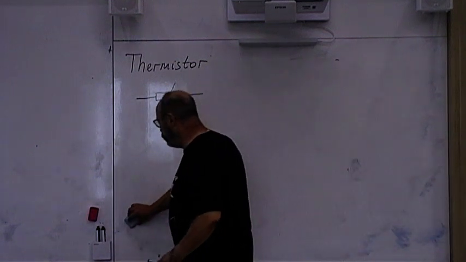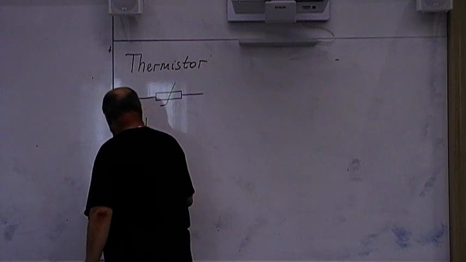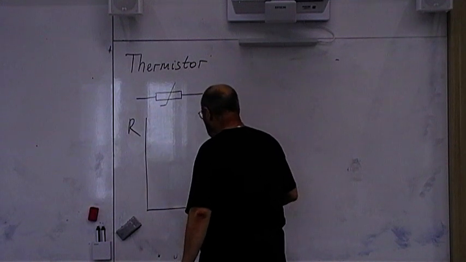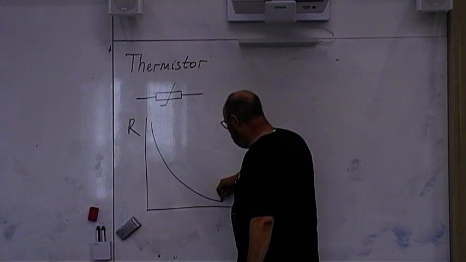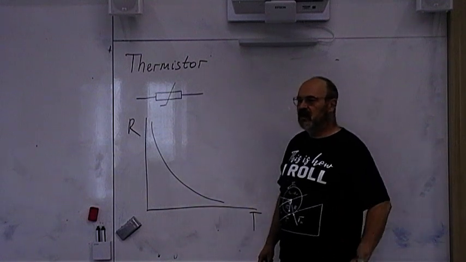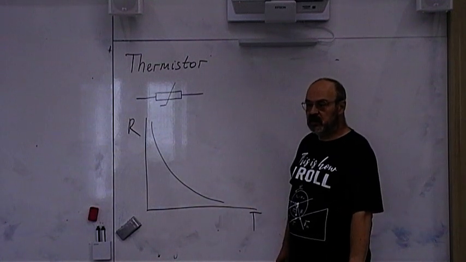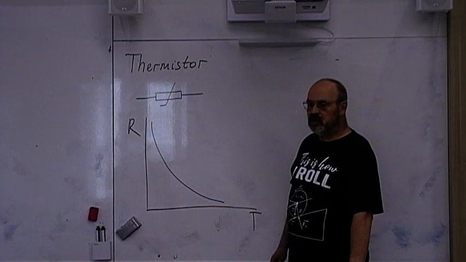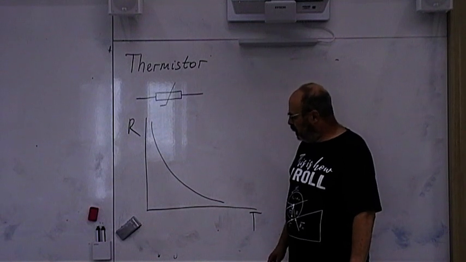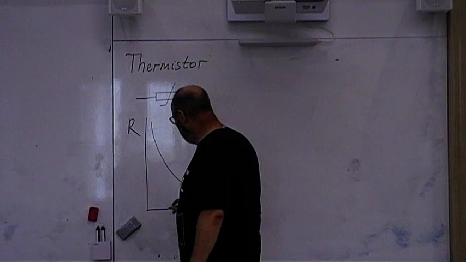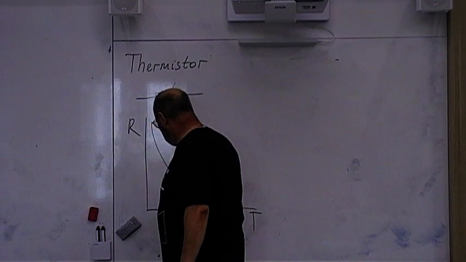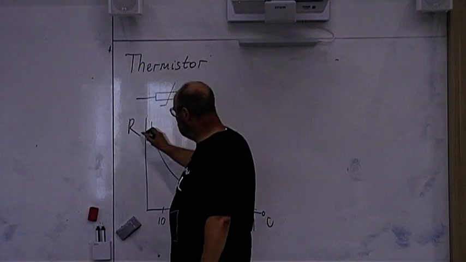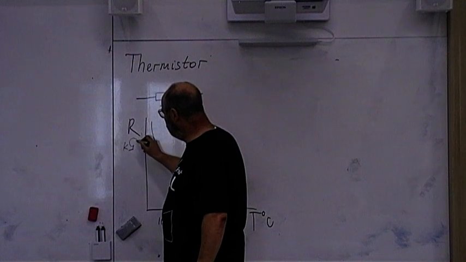So for thermistor, if you sketch a graph of the resistance against temperature, most of the thermistors have such a relation. This is an inverse proportional relation. And how can this be used to control temperature? Let's say at temperature 10 degrees Celsius, the resistance, in kilo ohms, is 10 kilo ohms.